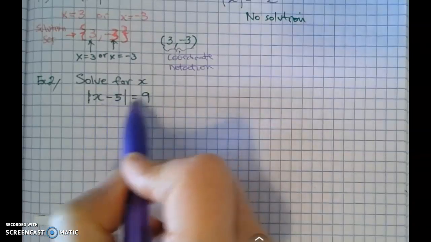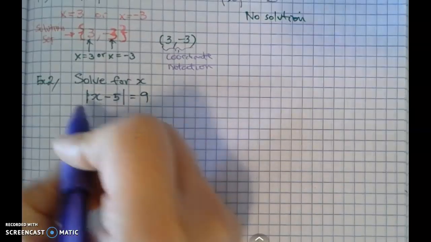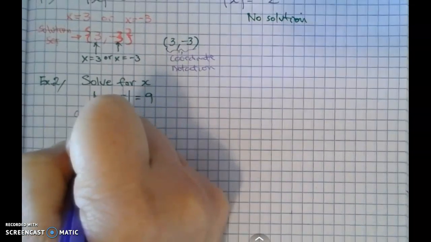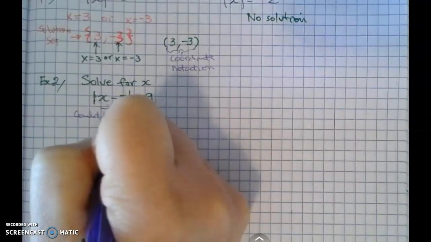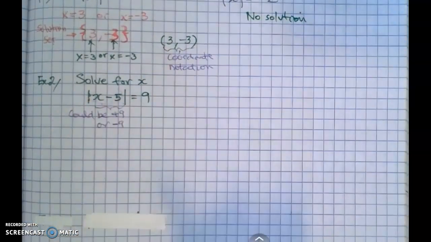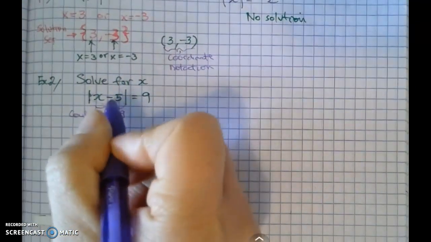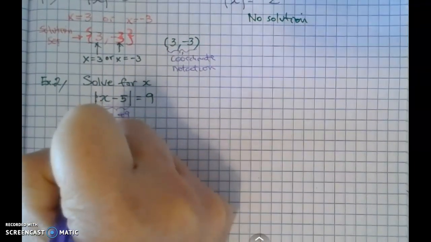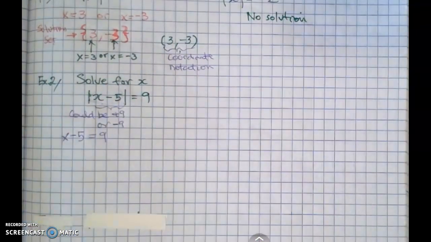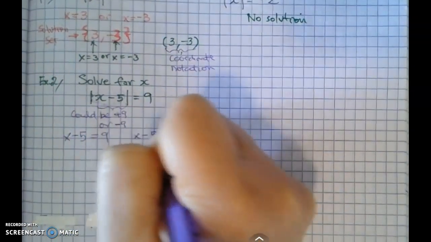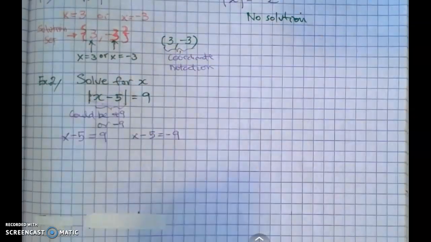I hope you're starting to see this. So that means x minus 5 could be positive 9, or x minus 5 could be negative 9.